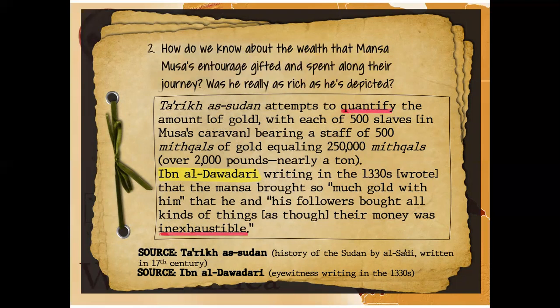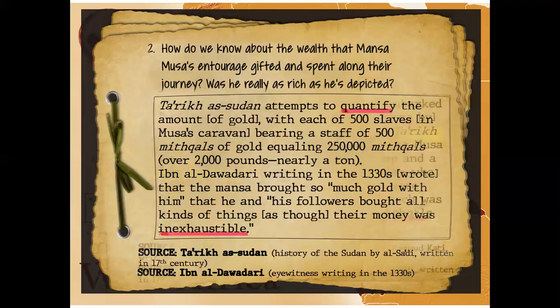So there are still questions about Ibn al-Dawadari's credibility, since we don't know more about him at this moment than that he was an eyewitness. We might want to look a little further, do that quick Google search, see the first thing or two that comes up to see whether he would be a reliable source on Musa's entourage or Musa's wealth.